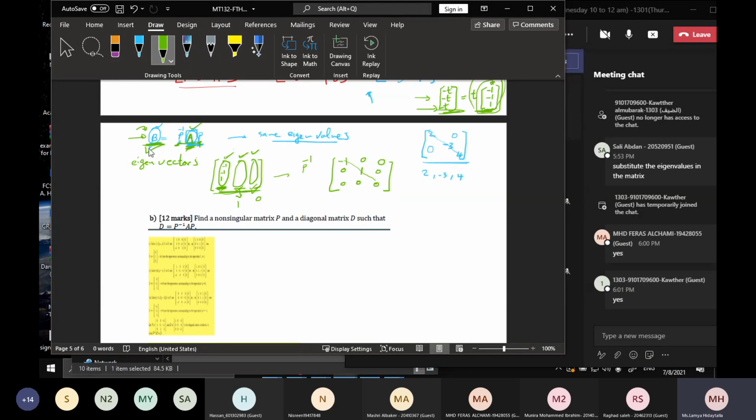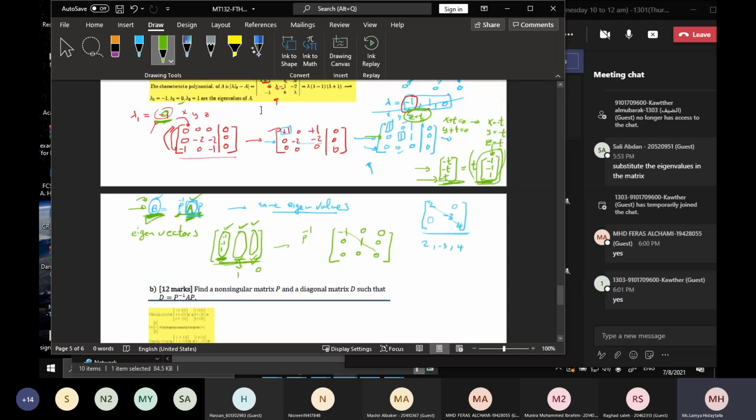Is it clear how you got the B? Okay, let's see. Find a non-singular matrix P. Non-singular means independent. He told you that these eigenvalues are going to give me at the end 3 linearly independent vectors. No need to test them because he said that P is going to be non-singular.